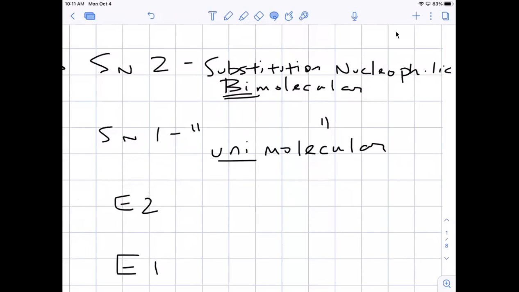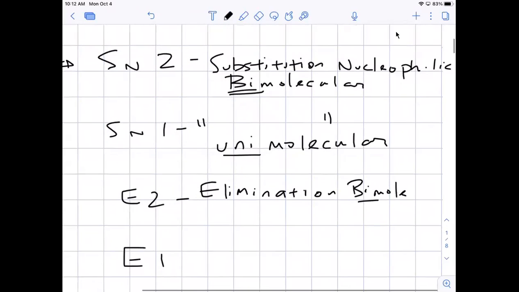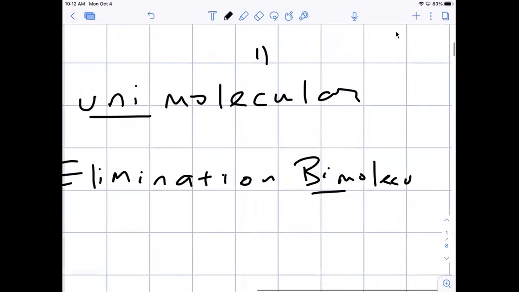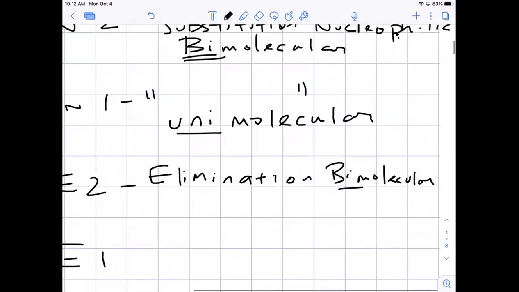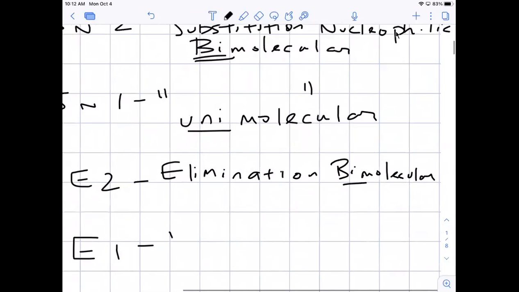So SN2 and SN1, and then E2 is elimination, and that's also bimolecular. And then E1, same thing, but it's uni.